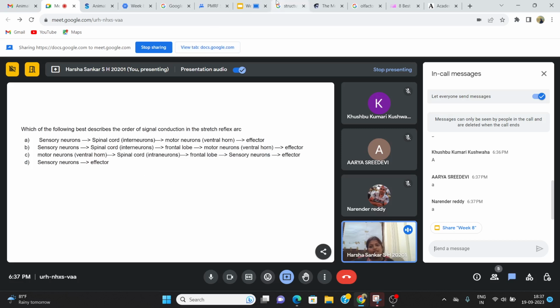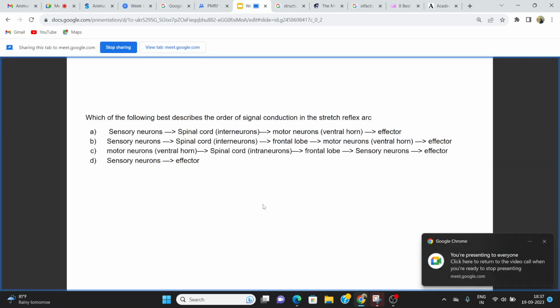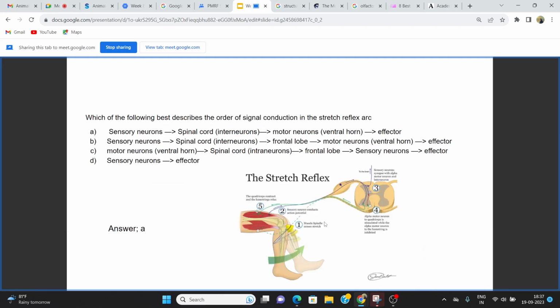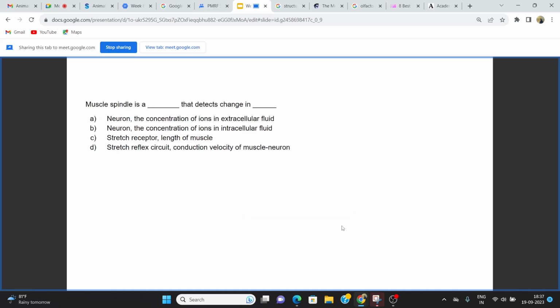Starting with the sensory neuron to the spinal cord or the interneuron to the motor neuron to the effector. We can see it in the figure also. It's the same that we already discussed, right? Then to the next question.